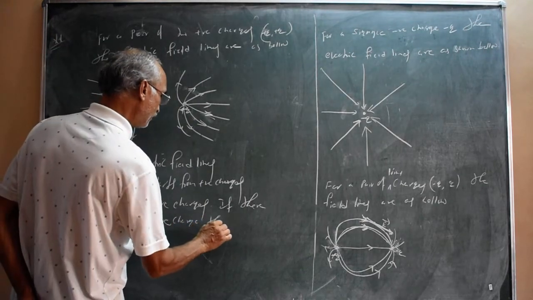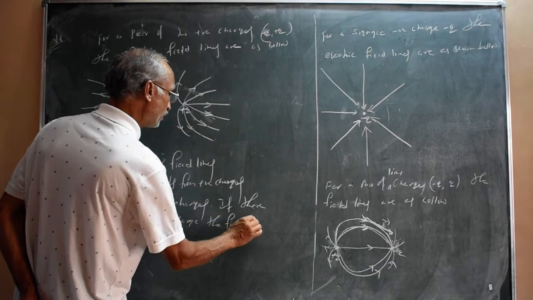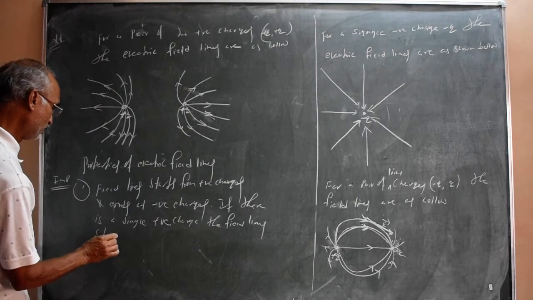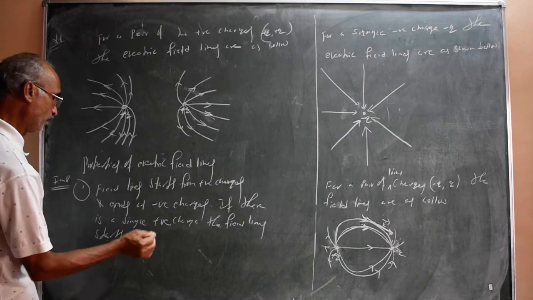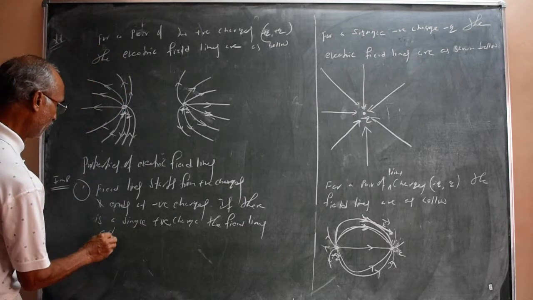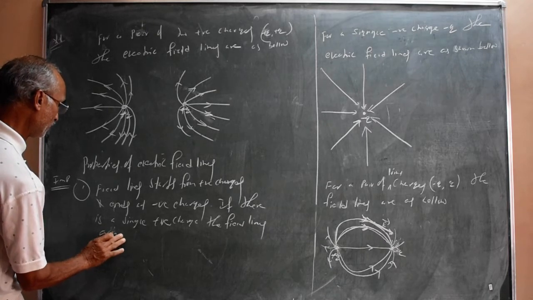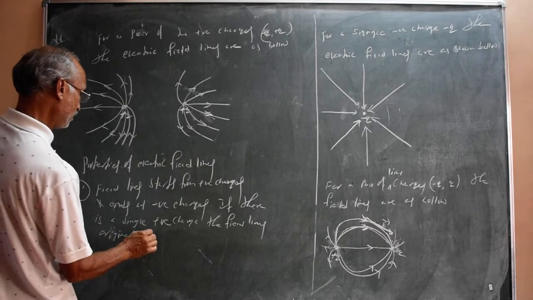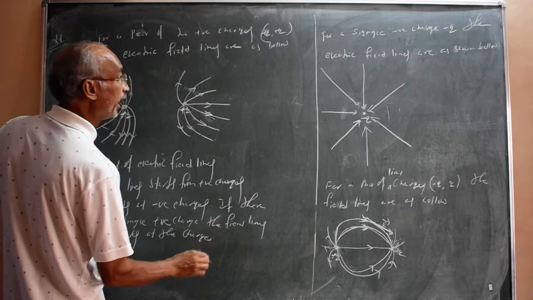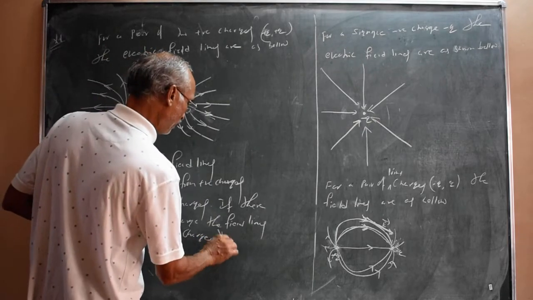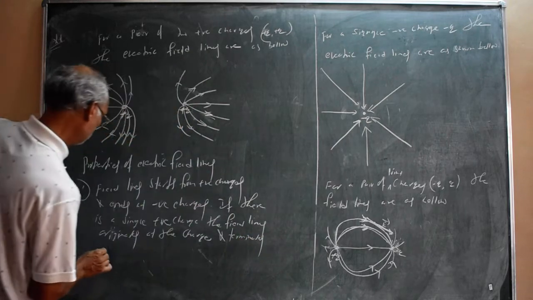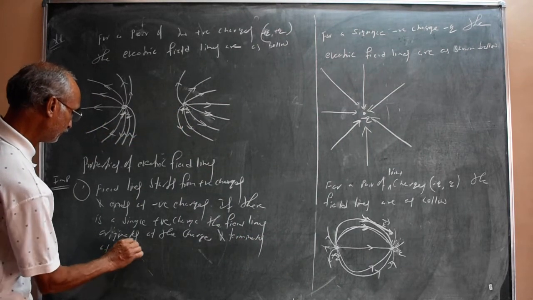The field lines originate at the charge and end at infinity.